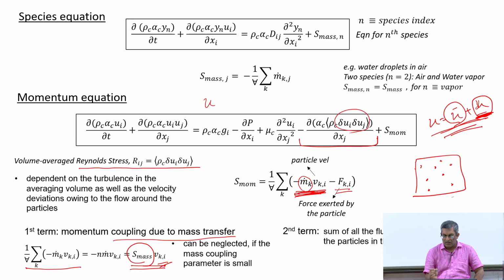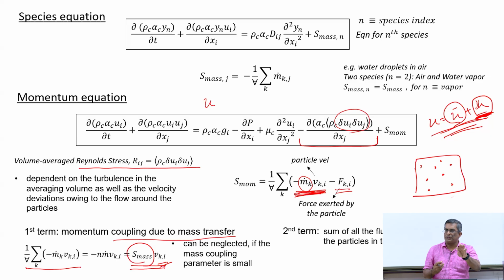Next one is the most important term, that is due to the force exerted by the particles. In the earlier lectures, we have extensively discussed the forces on a particle, and it is not limited to drag. It can be due to undisturbed flow. It can be due to the virtual mass, added mass. So there can be various factors which contribute to force on a particle.